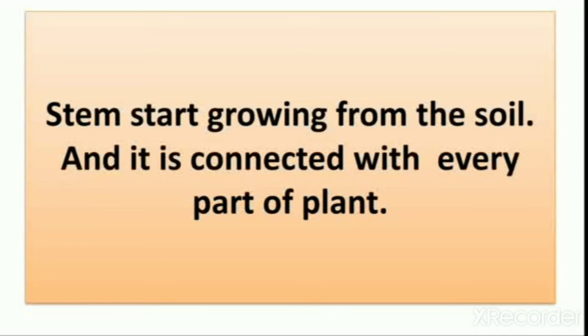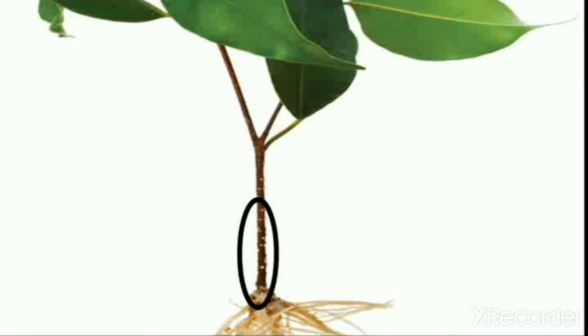In the next picture you see one tree and how it spreads stem all over the plant. Now let's see how stem is connected with each part of the plant. You can see here one plant.